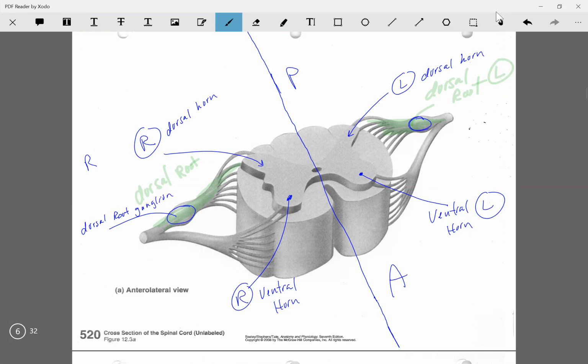You find it on both sides, and that is a sensory ganglion. So that makes the dorsal root a sensory root. And when you hear the word sensory, you already know that's afferent, or body to brain.